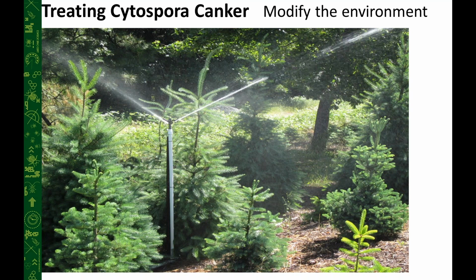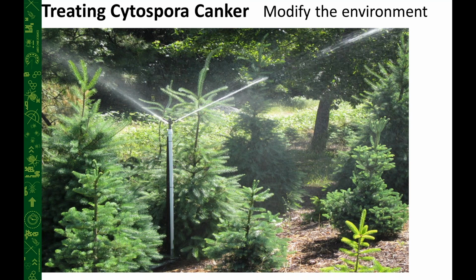So going to this example of a tree that's growing in a poor soil, in an environment that tree is not adapted to be in, you could have a tree that is under drought stress, but it's getting hit with overhead irrigation every day. In which case it might not be getting adequate soil moisture, but its foliage is being wet, the interior of the plant is getting wet. That Cytospora canker is going to take advantage of that environment and continue to reinfect, so you're compounding your situation.